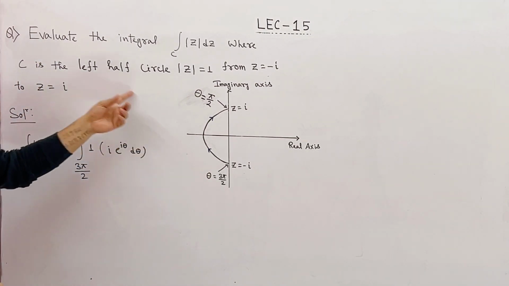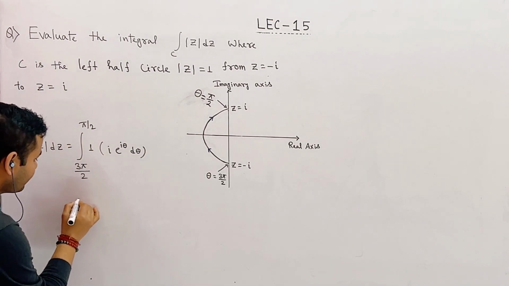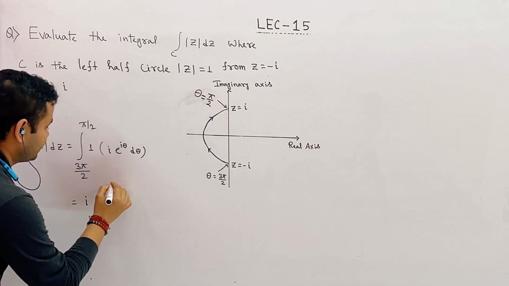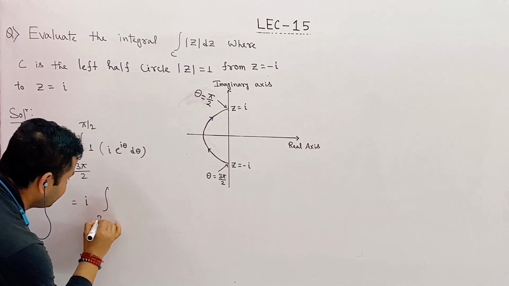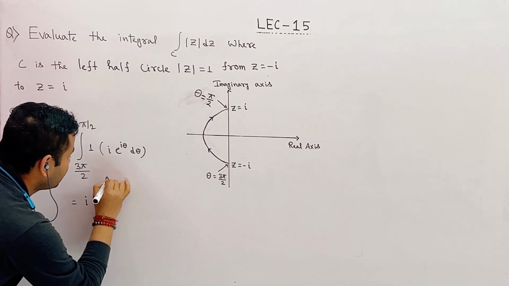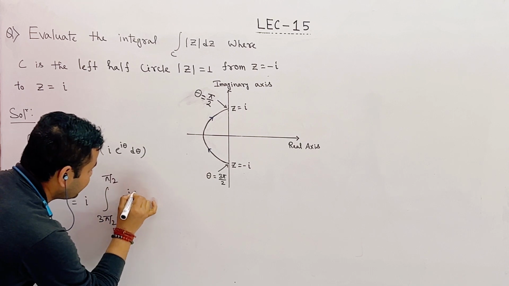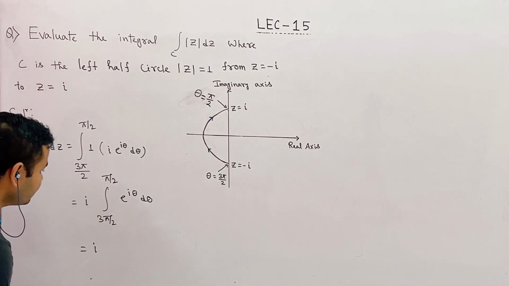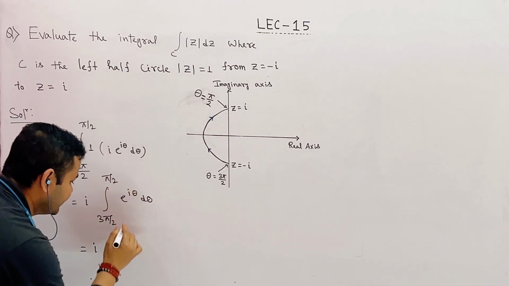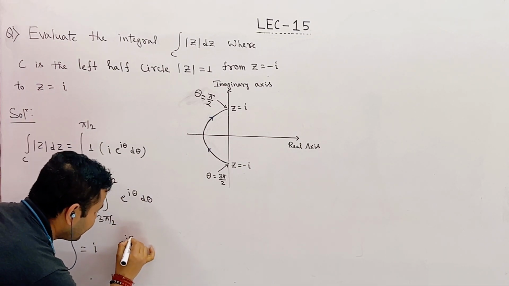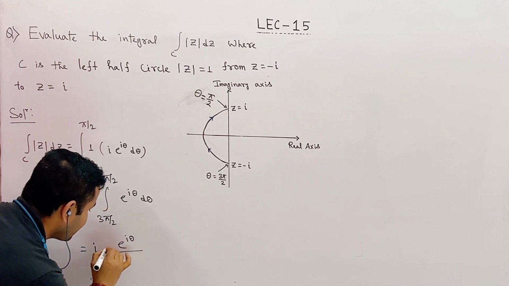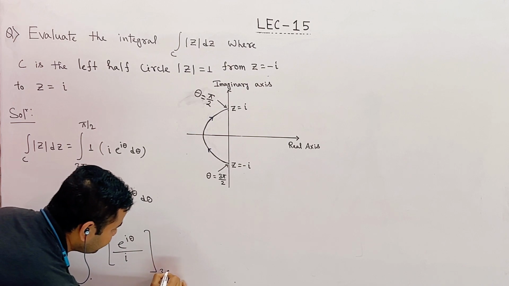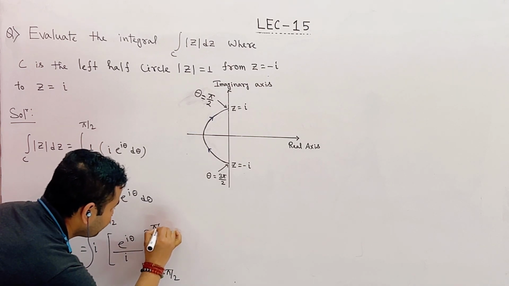Now let us simplify this integral. So iota into integration 3 pi by 2 to pi by 2 e to the power iota theta d theta. After integrating, we will get e to the power iota theta divided by iota, limits will be from 3 pi by 2 to pi by 2.